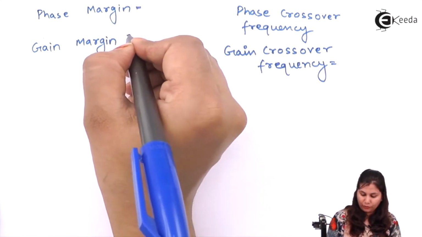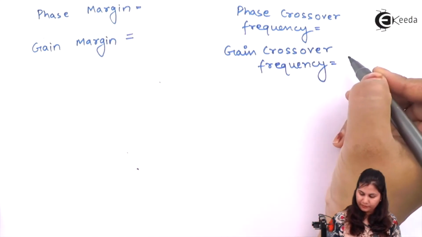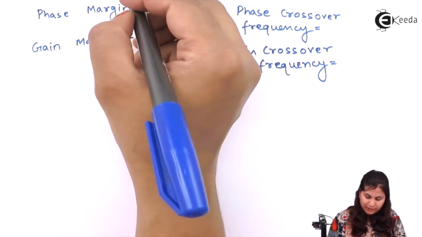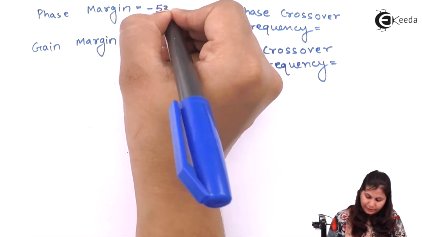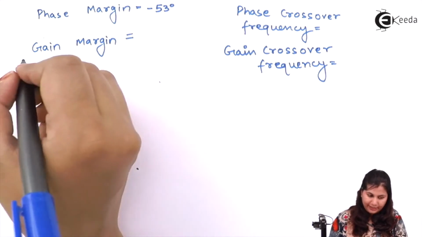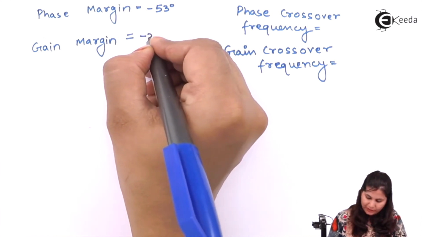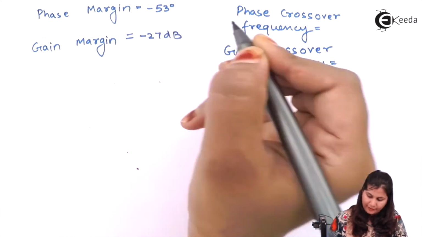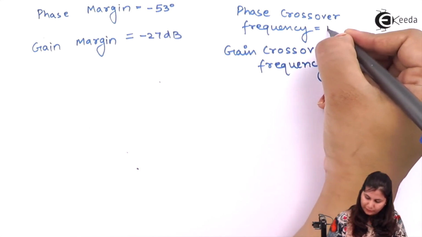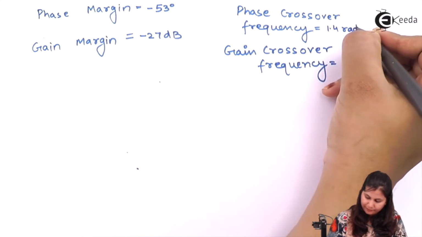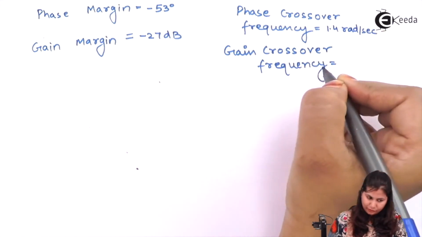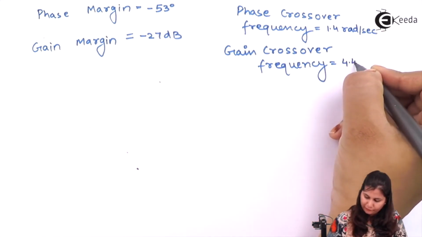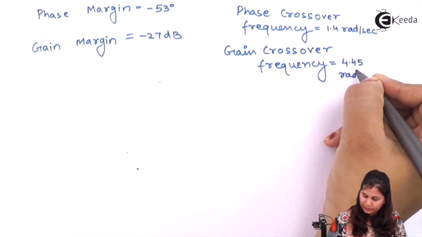We have got phase margin as minus 53 degrees, gain margin as minus 27 dB, phase crossover frequency as 1.4 radians per second, and gain crossover frequency as 4.45 radians per second.